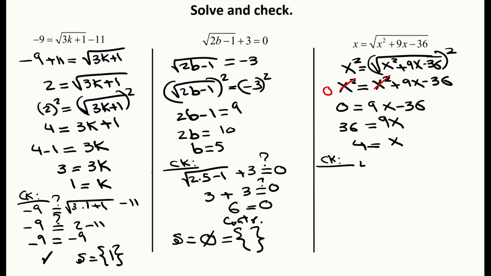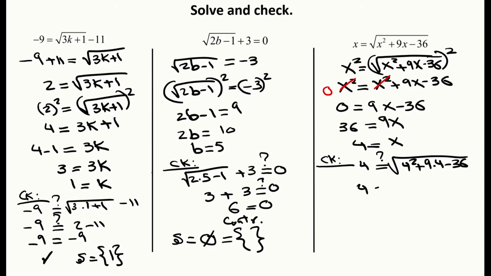And we want to know if 4 is equal to the square root of, we're plugging in 4 every place we see x. So 4 squared plus 9 times 4 minus 36.